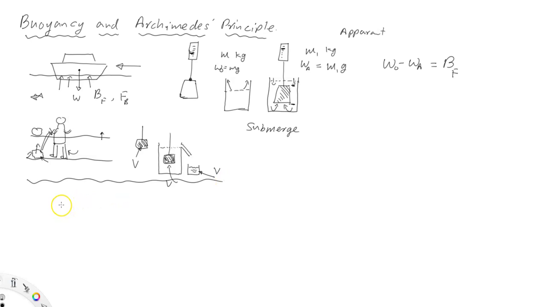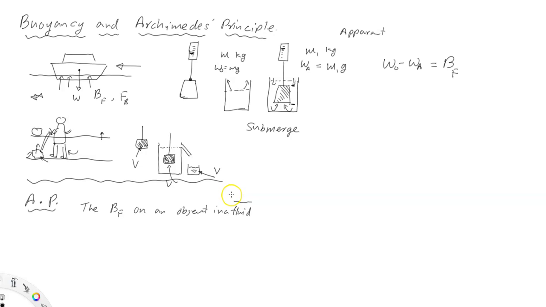So let me give you the Archimedes principle first. I'm not going to write the whole thing. Archimedes principle says the buoyant force on an object immersed in a fluid, this is important, it doesn't need to be water.